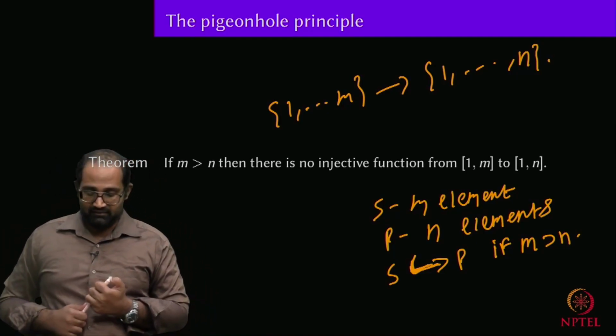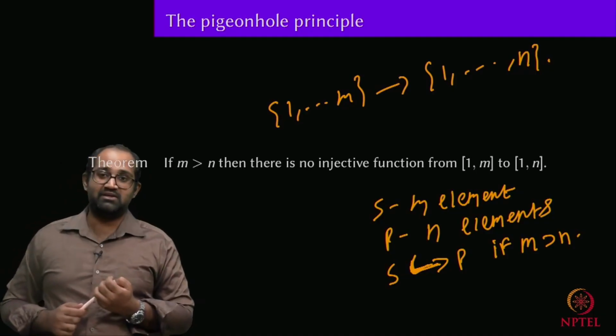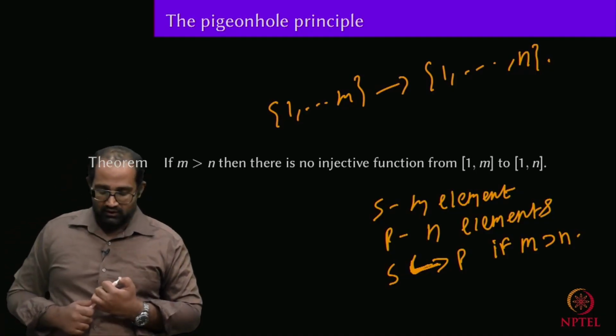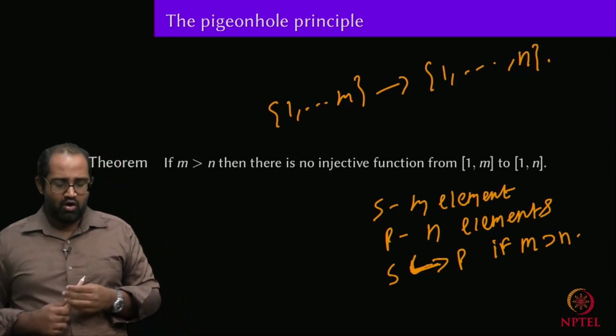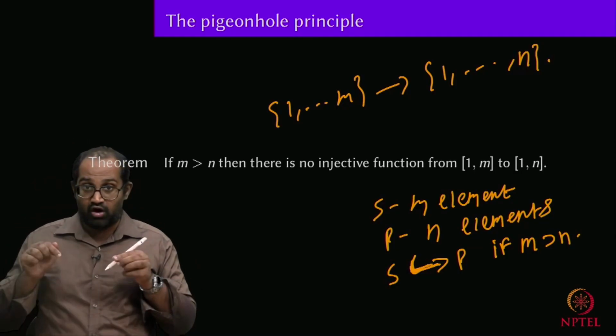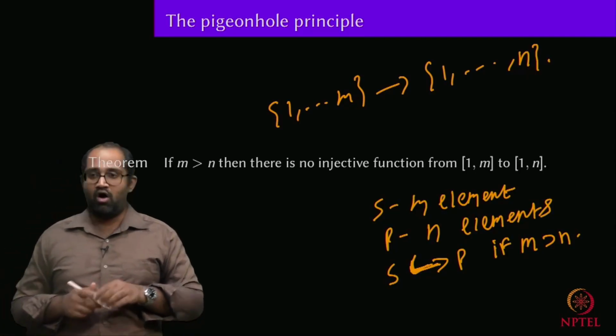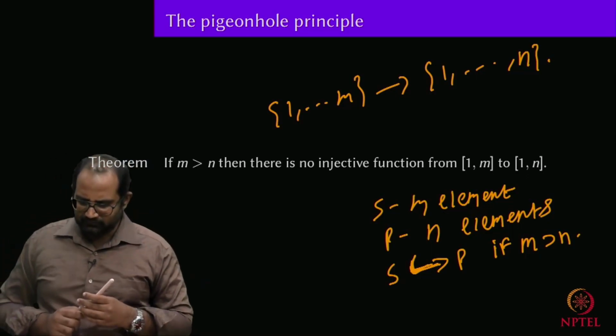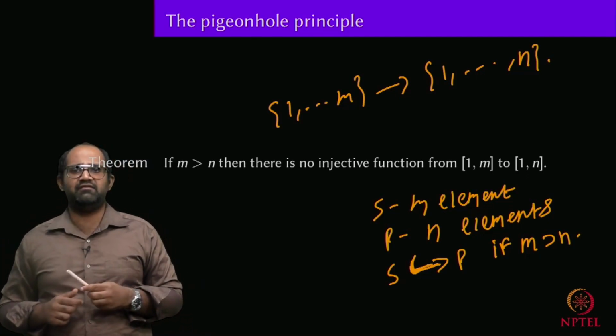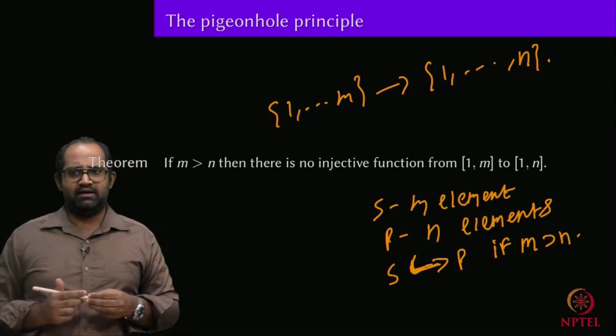More seriously, you can use the pigeonhole principle to show facts in algebra. We will use it multiple times in this course. One of the major results, which we will not see in this course or in the follow-up courses also, says that a finite division ring is actually a field.